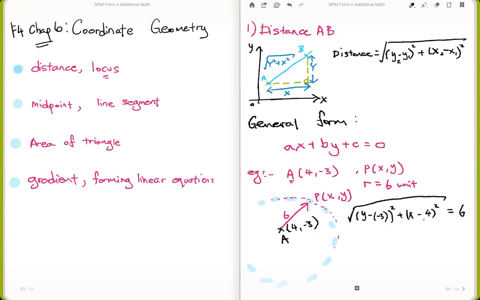This is basically the Pythagoras theorem. So you square both sides, simplify this, and you should get an equation that looks like x squared plus y squared minus 8x plus 6y minus 11 is equal to 0. This is an equation of a locus.